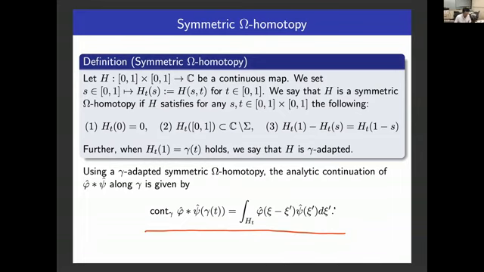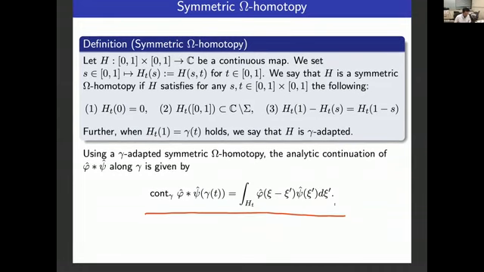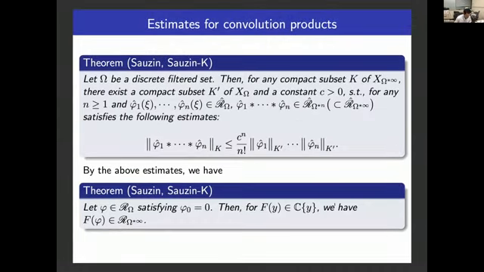Anyway, extending the definition of symmetric Ω-homotopy, we can show the following estimate for the convolution product.